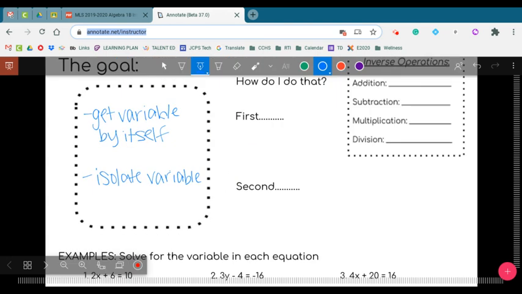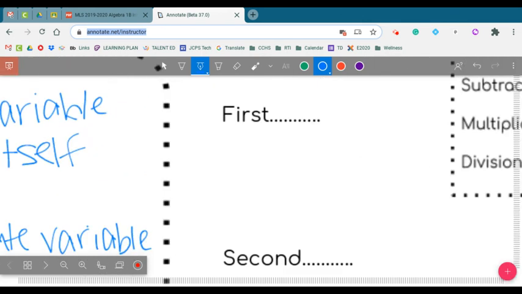Okay, so yesterday we just had to do one operation in order to get the variable by itself. This time we're going to have two steps. So we're either going to have to undo addition and subtraction first, or we're going to have to undo multiplication and division. So it's always we're doing the inverse of order of operations. So we have to undo our addition and subtraction, and then we undo our multiplication and division.